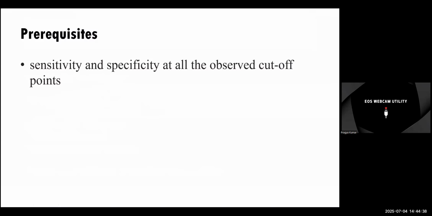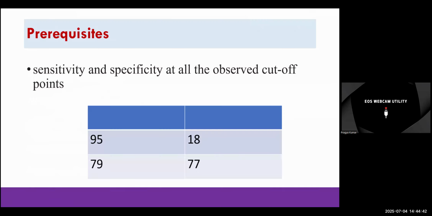So the prerequisite is that you should have sensitivity and specificity across all cutoff points. So I should have a 2 by 2 table for every cutoff point. Suppose this is my 2 by 2 table, and similar 2 by 2 tables the software makes in the background to calculate the sensitivity and specificity.